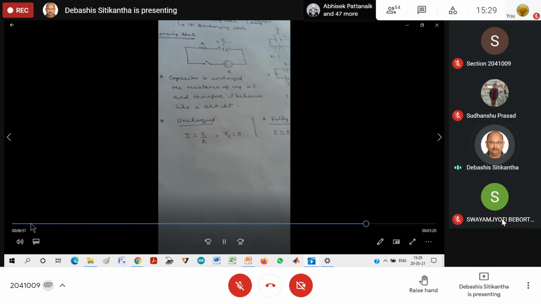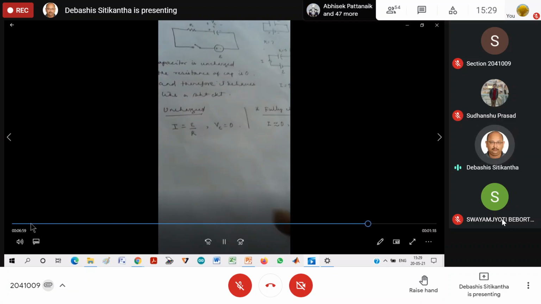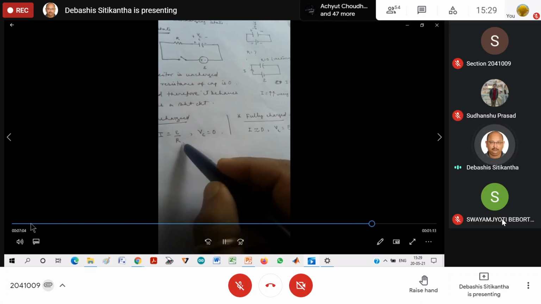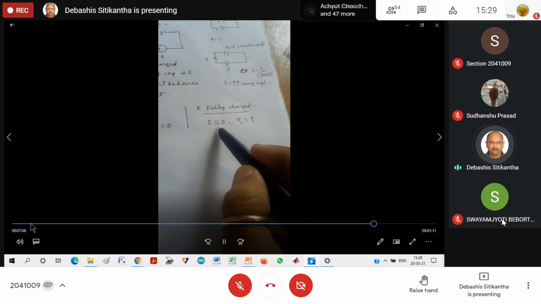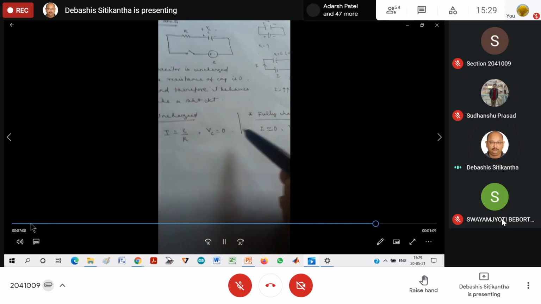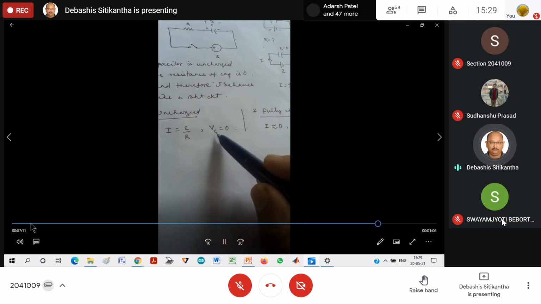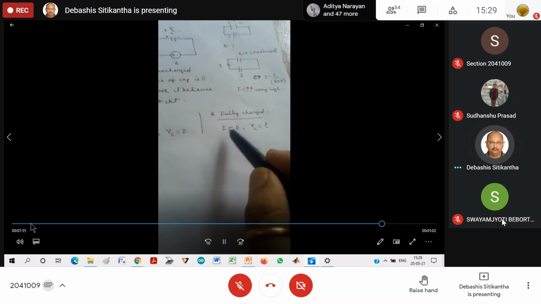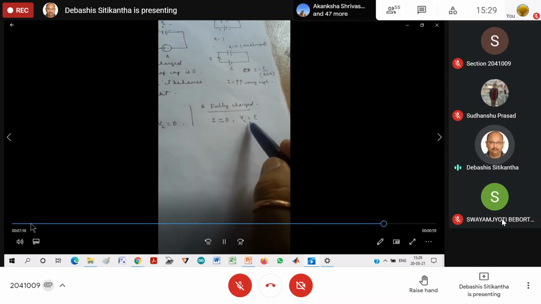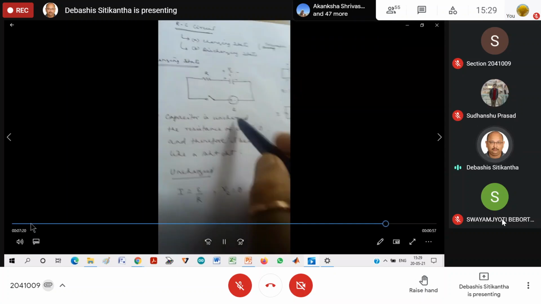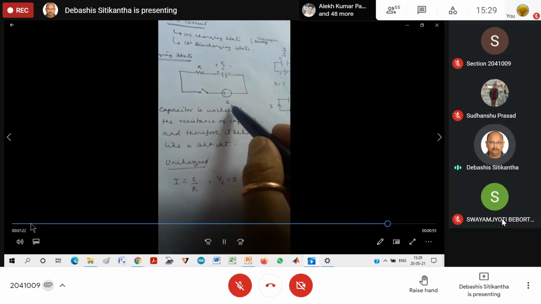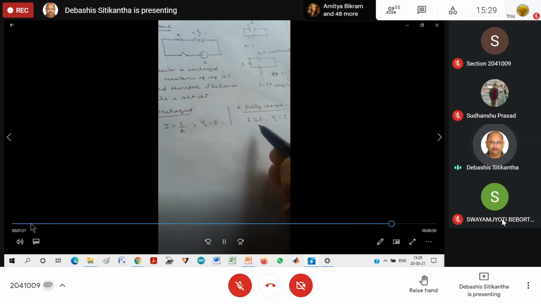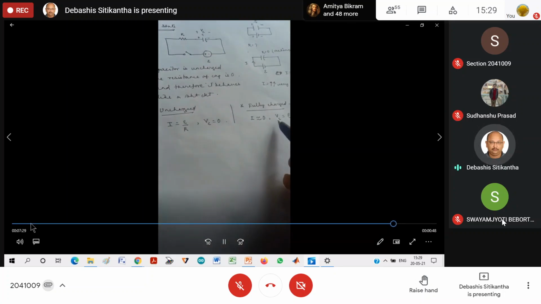Now as you can see, from charging to discharging, the current has decreased from a maximum value of E by R to a minimum value which is almost equal to 0. Similarly, the voltage across the capacitor Vc was initially equal to 0 during uncharged condition, and after it is fully charged, it has gained a potential difference which is equal to the potential difference of the applied voltage, that is E. So as you can see, there is a change in the current as well as a change in the voltage.